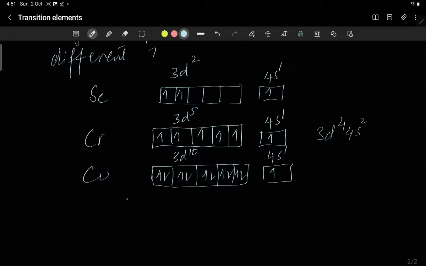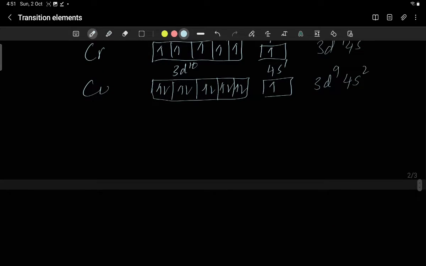So that's why copper is 3d10 4s1 instead of 3d9 and 4s2. Hope you will understand this concept. Next we'll discuss general properties of transition elements.